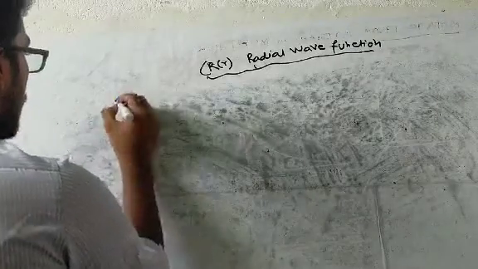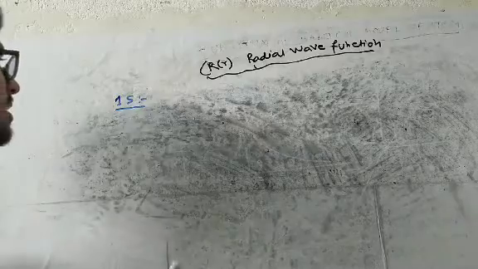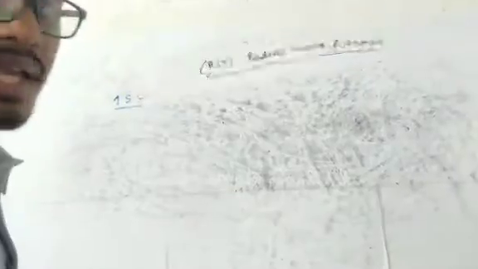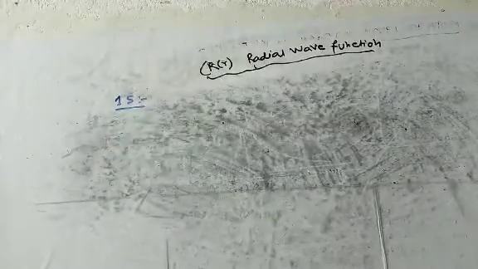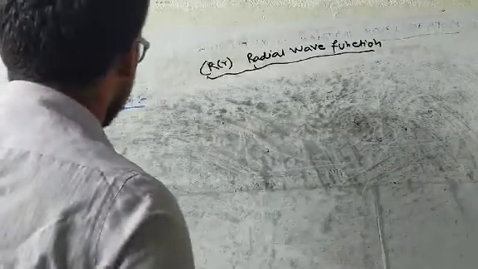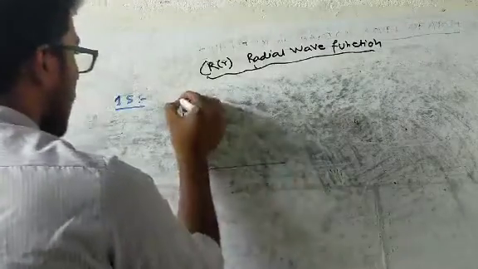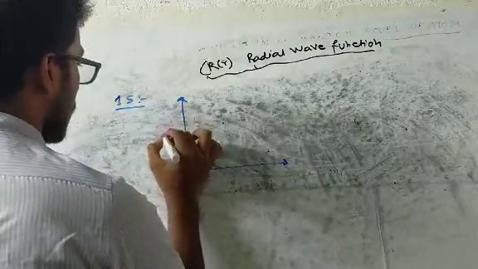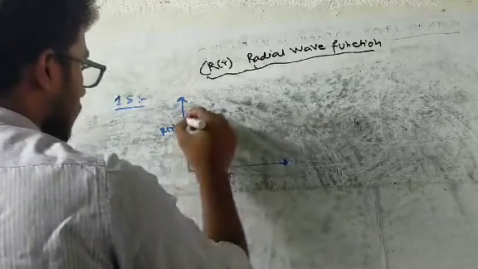For the 1s orbital, my graph looks like this, R of r.